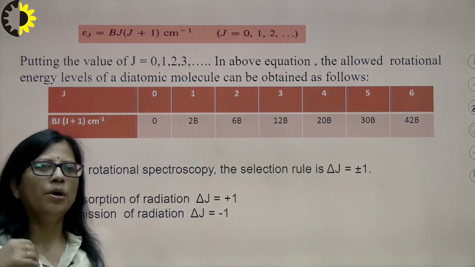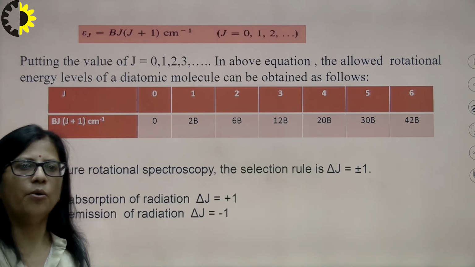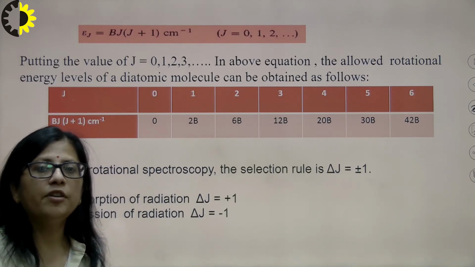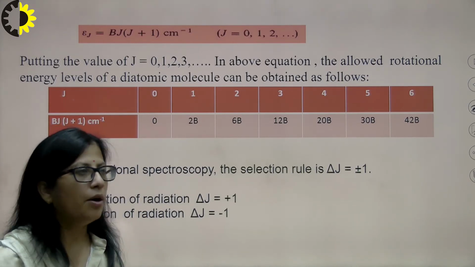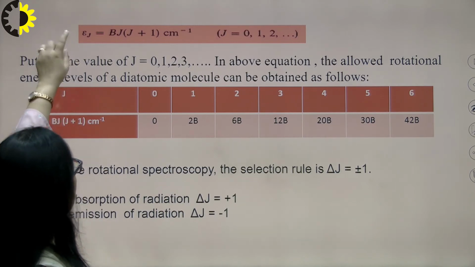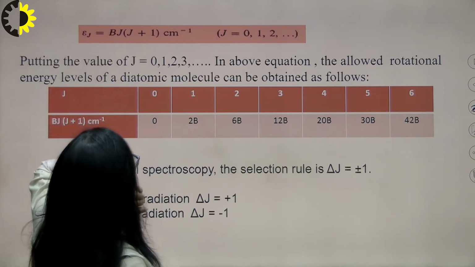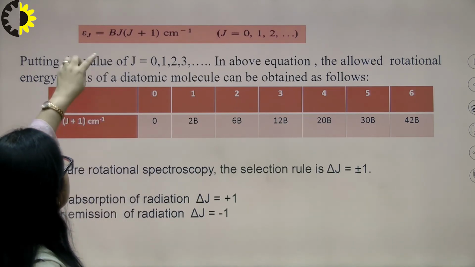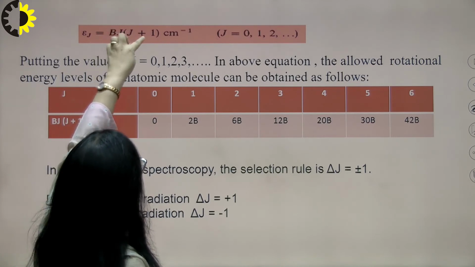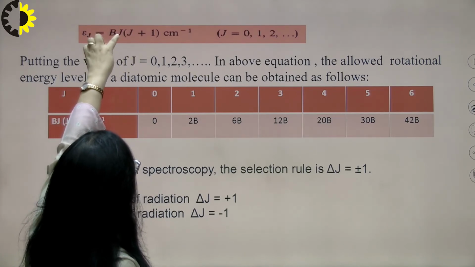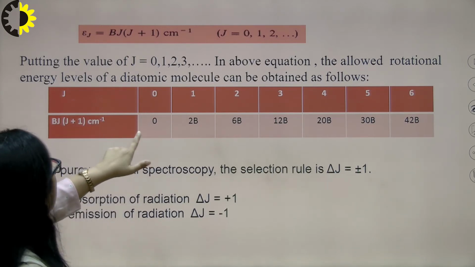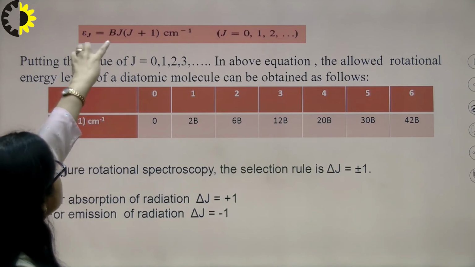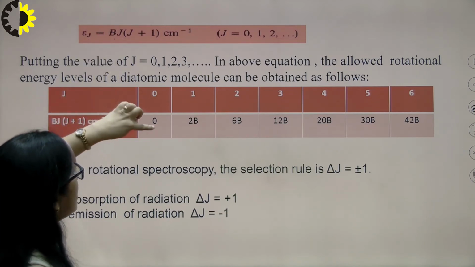Now, if we put different values of j, we can calculate the different values of Ej. How? If I put the value of j as 0, then 0 plus 1 multiplied by 0, so our Ej value will become 0. If j is 0, anything multiplied by 0 will become 0.